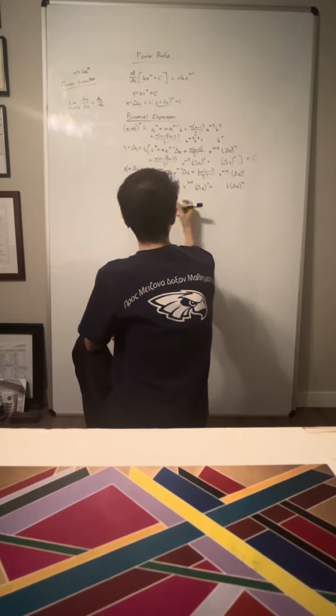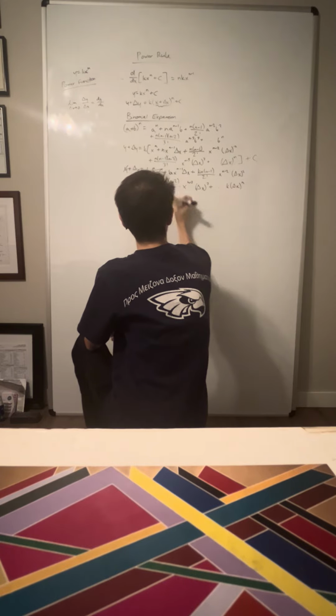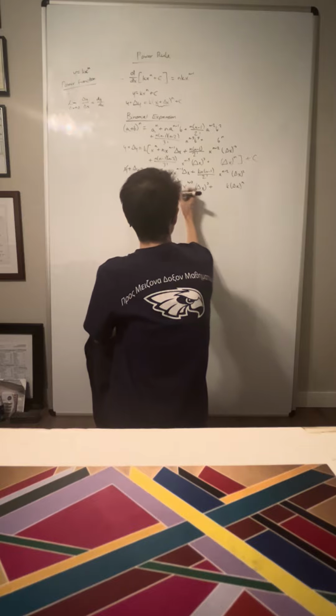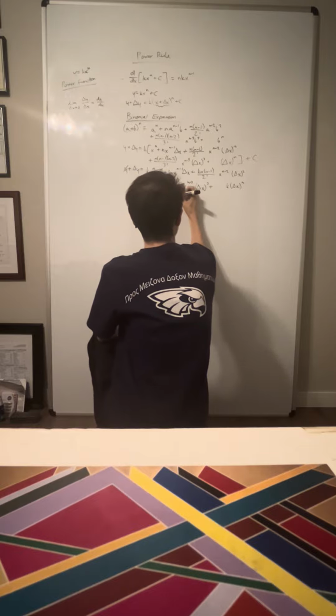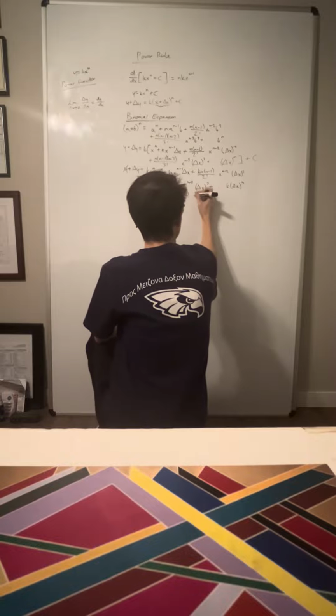Okay, so now that should be an n minus 1. And for the next one, we're going to do kn times n minus 1 over 2 factorial times x to the n minus 2.